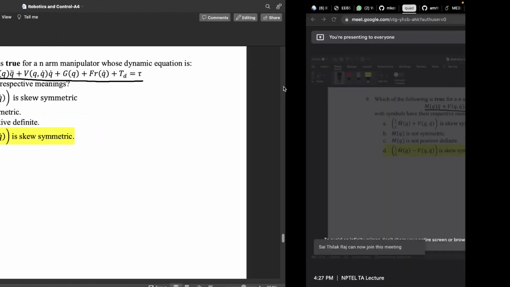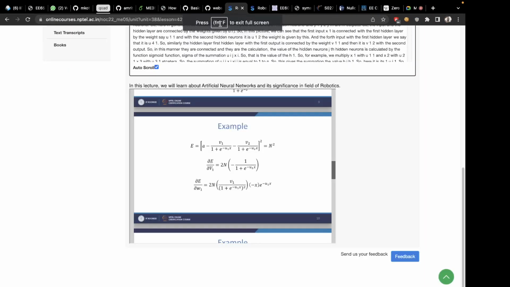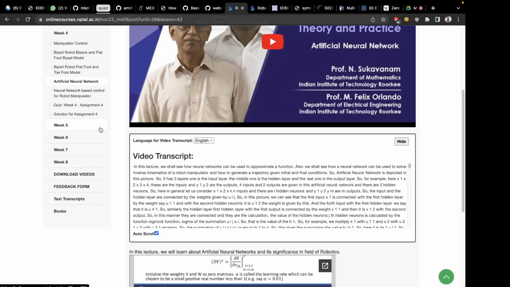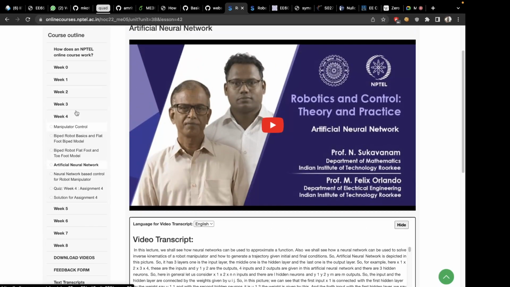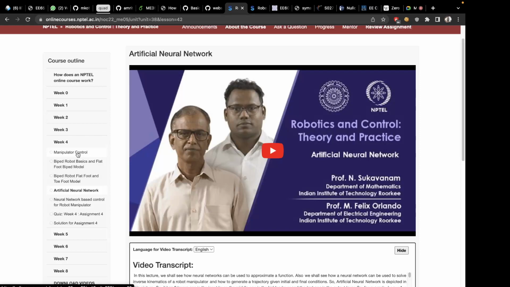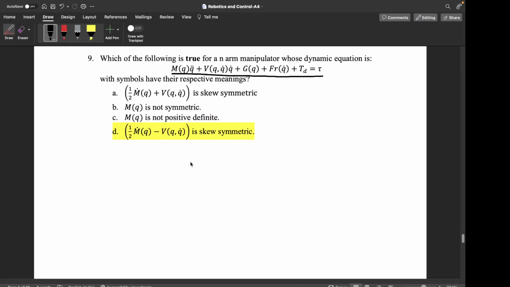Okay, let me just quickly pull up the lecture notes. So basically what is being asked is which of these are correct. So M(q) is always symmetric, so this is not correct. M(q) is not positive definite, also this is not correct. So the mass matrix is always positive definite and symmetric, right?